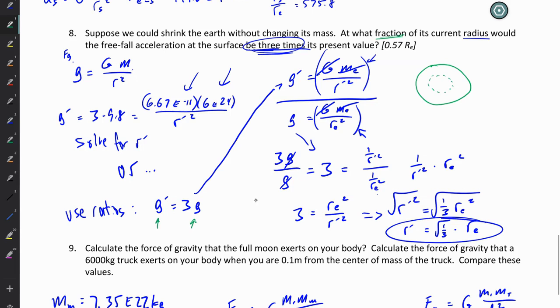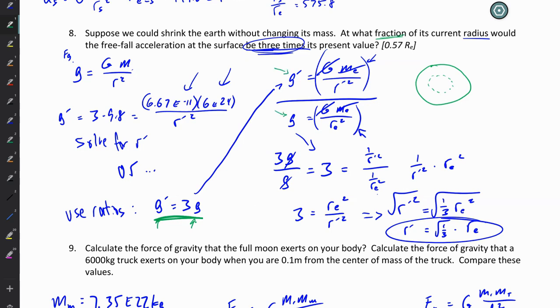So our new g prime is going to equal 3 times what it originally is. Since this is a ratio, we want to find the ratio of g prime to g. We can set them up as a ratio. So we've got g prime relative to g.